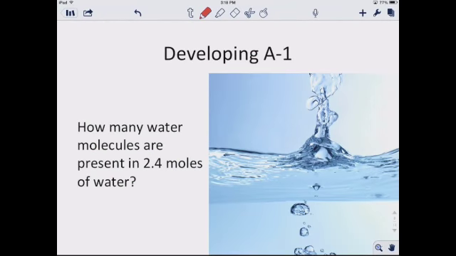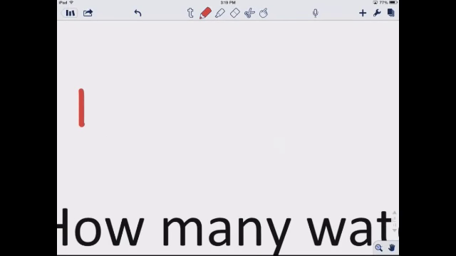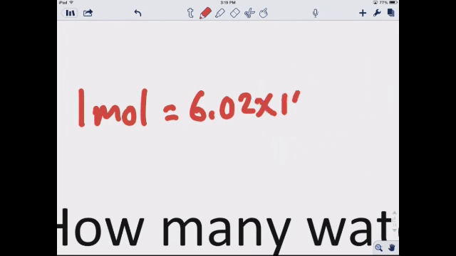So if we're looking at our first question, it says how many water molecules are present in 2.4 moles of water. So when we're looking at this, Avogadro's number is essentially a conversion factor. 1 mole of anything equals 6.02 times 10 to the 23rd of anything.